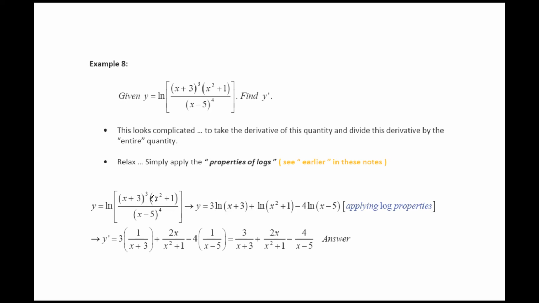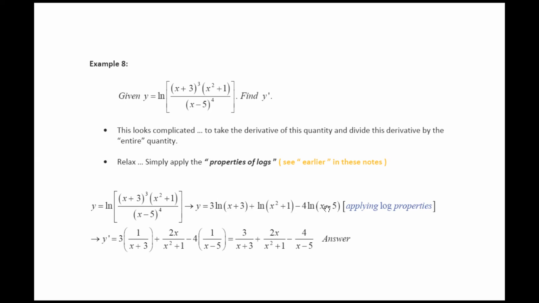Since this is multiplied, that's going to be plus the log of this. And since this is divided, it's going to be minus the log of this, but this is to the 4th power, so we put the 4 in front. And now let's take the derivative. The derivative of this is 1 over itself. The derivative of this is 2x over itself.